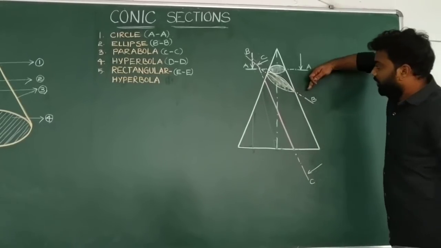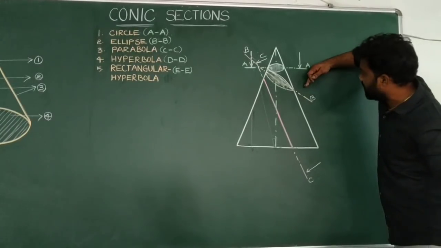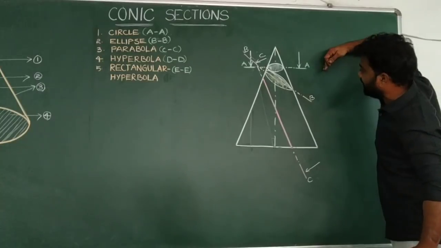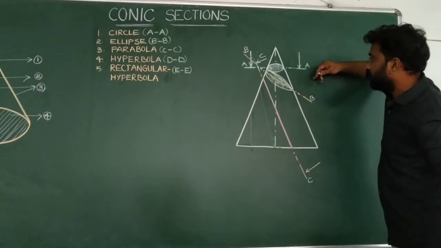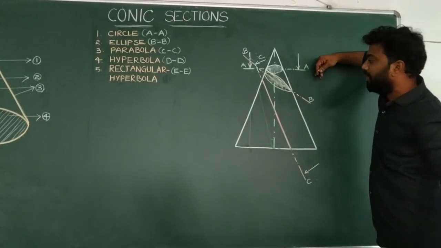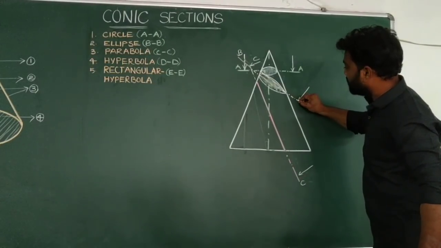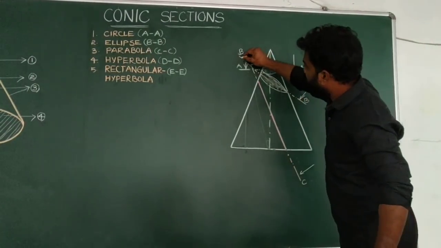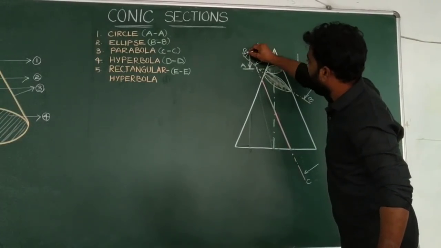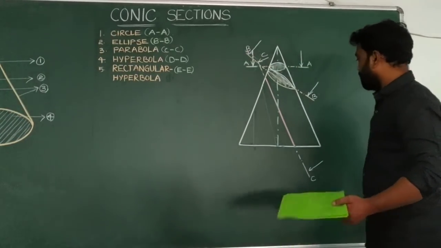Similarly, for the true shape of the ellipse, the observer must see the object in this direction only. That time only we are able to see the elliptical plane surface. Let me show the viewing direction to obtain it.